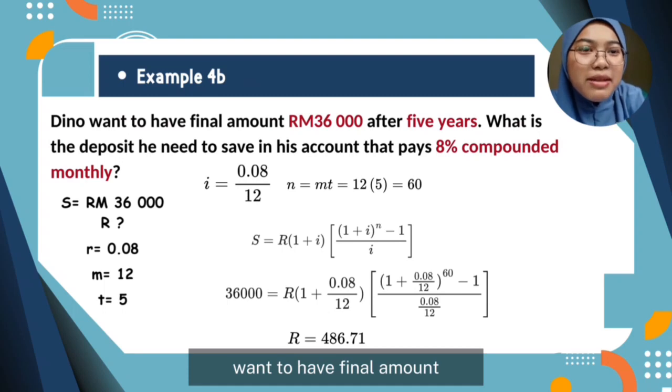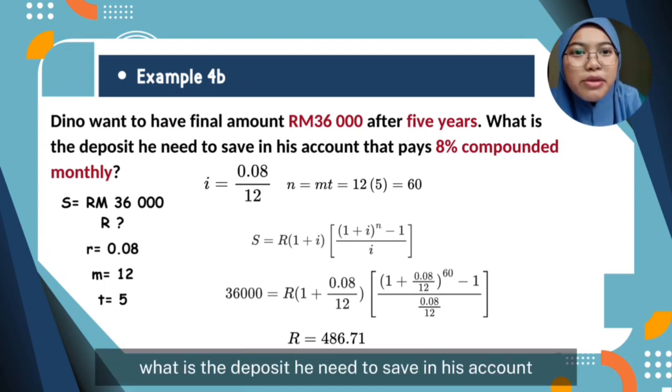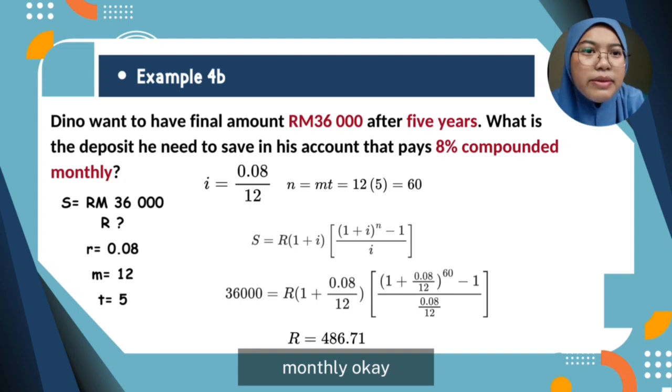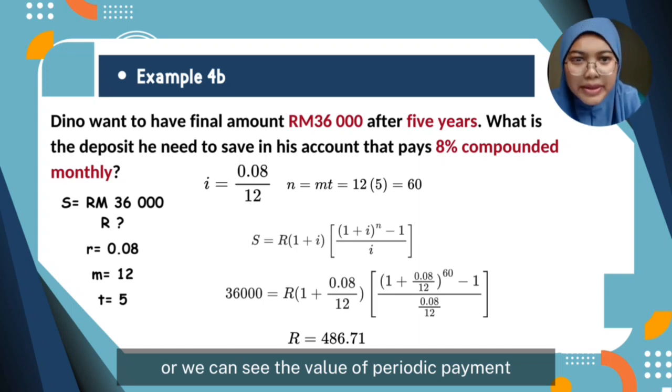Dino wants to have a final amount of 36,000 ringgit after 5 years. What is the deposit he needs to save in his account that pays 8% compounded monthly? From the question, we know that the question asks about deposit, or we can say the value of per repayment.